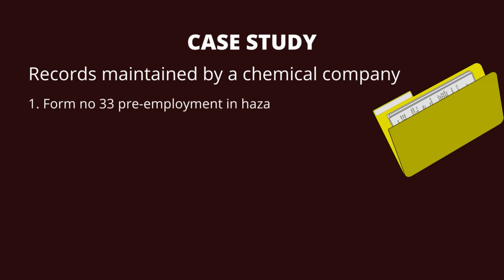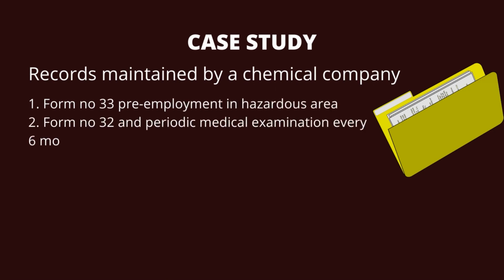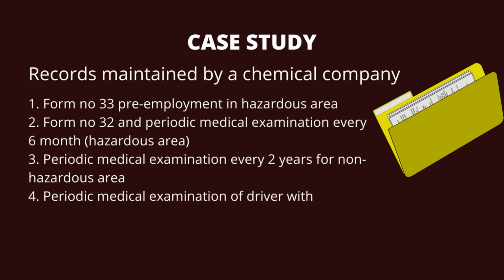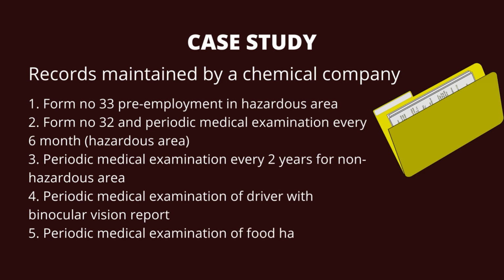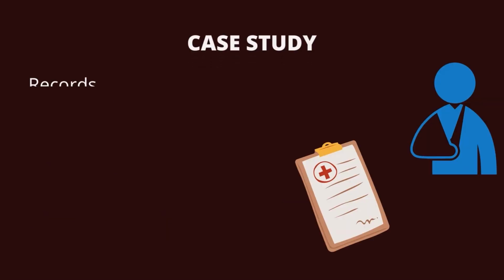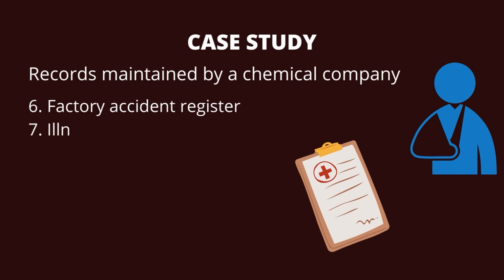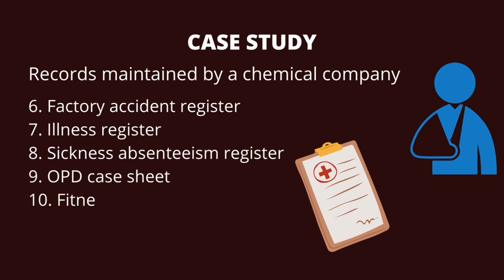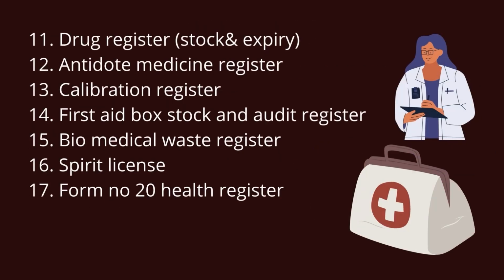Let us take a case study of a chemical company. They will have to keep Form 33 for pre-employment, Form 32 for periodic medical examination every 6 months, then periodic medical examination every 2 years for a non-hazardous area, then periodic medical examination of drivers with a binocular vision report, medical examination of food handlers so that they do not transmit food-borne diseases, factory accident register, illness register, sickness absenteeism and OPD case sheet, fitness register, then the drug stock register, antidote medicine register, especially in the case of factories in which chemicals are used, then the calibration register, first aid box stock and audit register, which is important in every workplace, biomedical waste register, spirit license and Form 20.